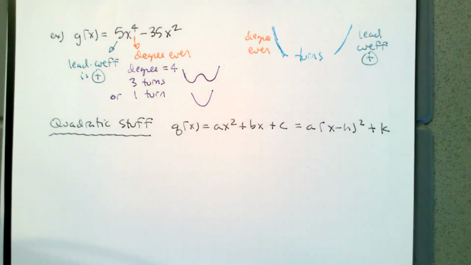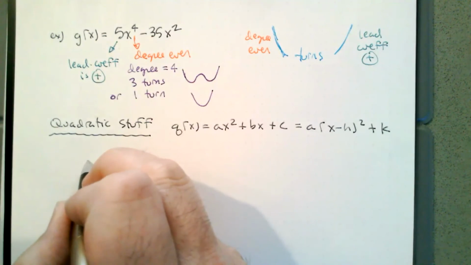We know that a quadratic function will have two zeros. This could be either two real zeros, one real zero that counts twice, or two complex zeros. Those are the only things that can happen.